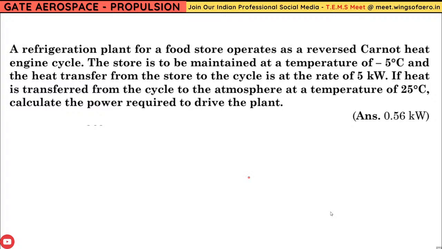So here is one of the problems. Let me read the question. A refrigerating plant. Here they have used the word refrigeration, so they are talking about a refrigerant. For a food store operating on a reversed Carnot heat engine cycle, the store is to be maintained at a temperature of -5 degrees Celsius, and the heat transfer from the store to the cycle is at a rate of 5 kilowatt.